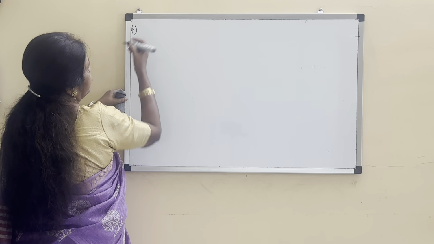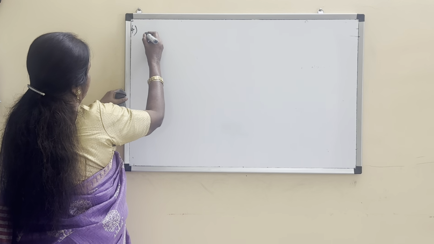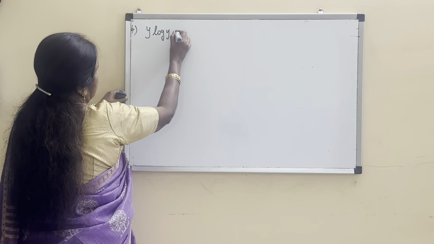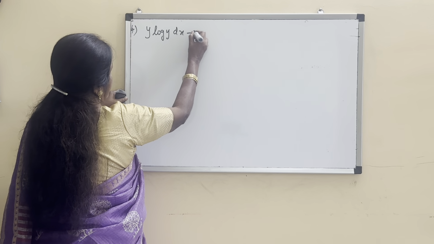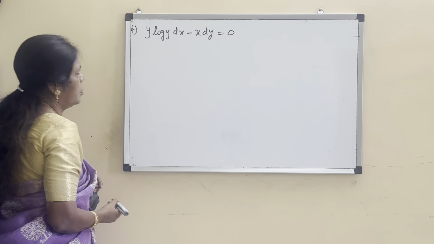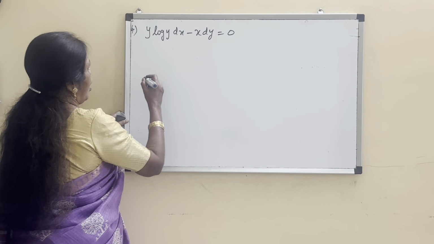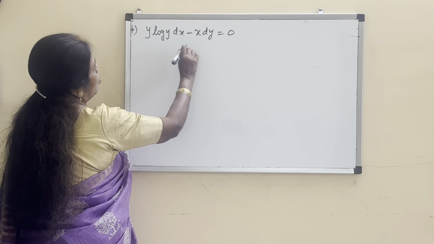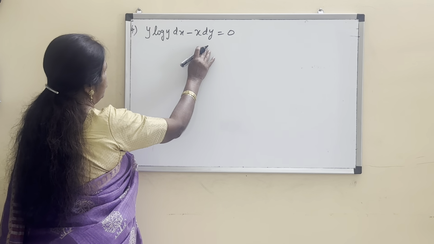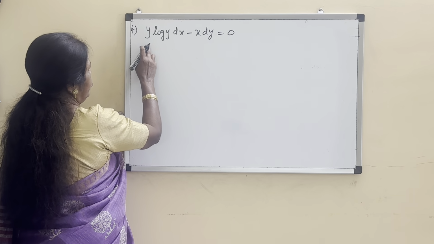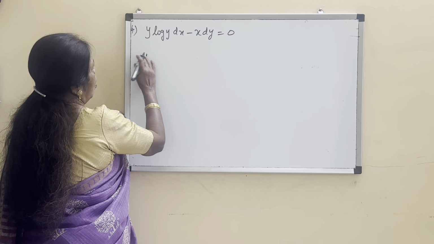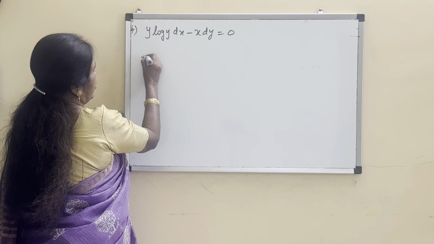Fourth question. Find the general solution of y log y dx minus x dy equals 0. Now I am keeping one term this side. Again we have got two terms, so let us keep one term. Let me keep minus x dy this side.